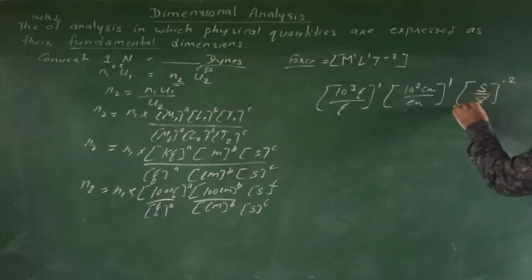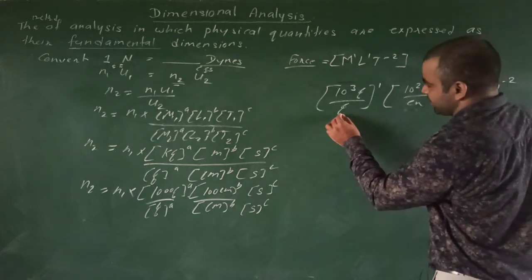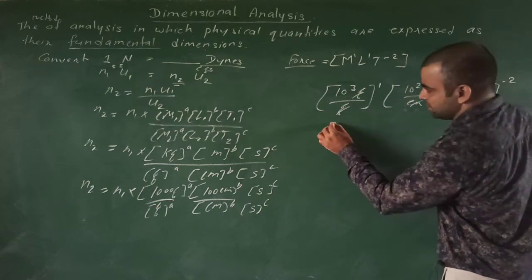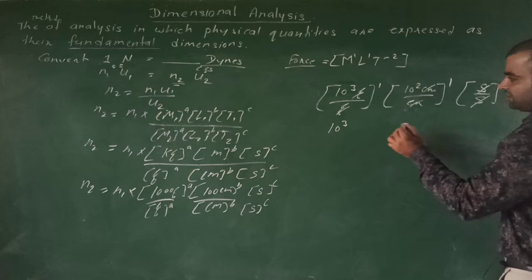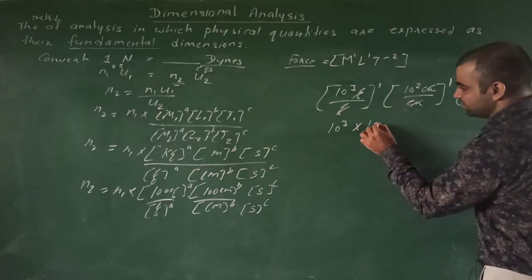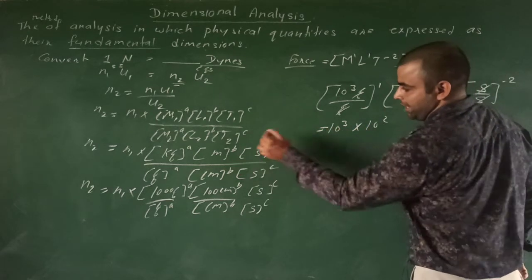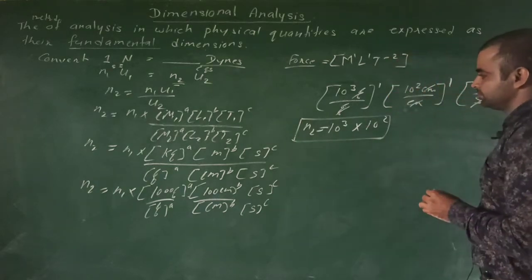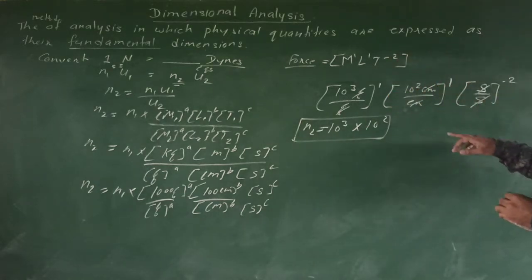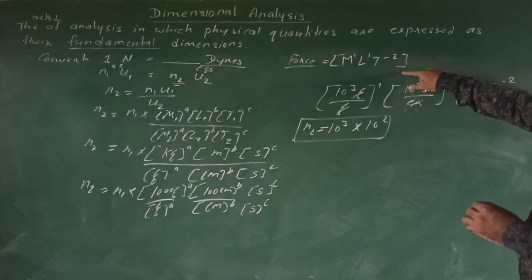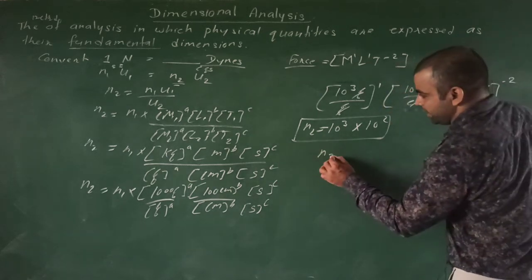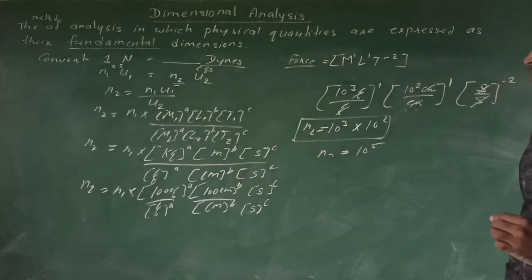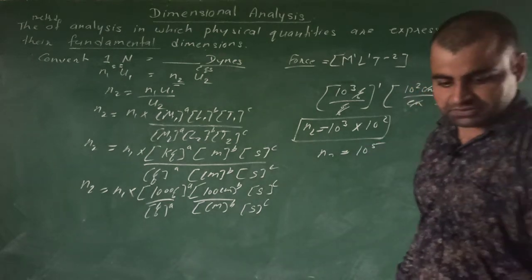Seconds cancel out. 10 raised to power 3 into 10 raised to power 2 equals N2. Here N2 equals 10 raised to power 5. Is it clear?